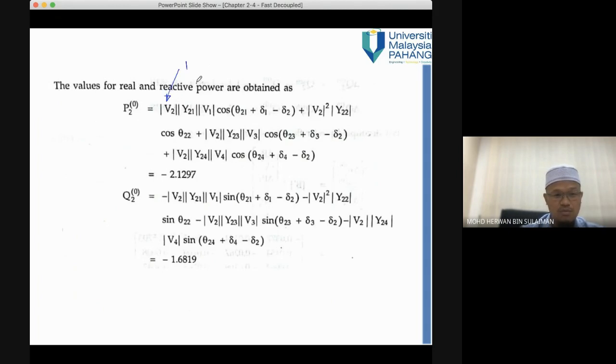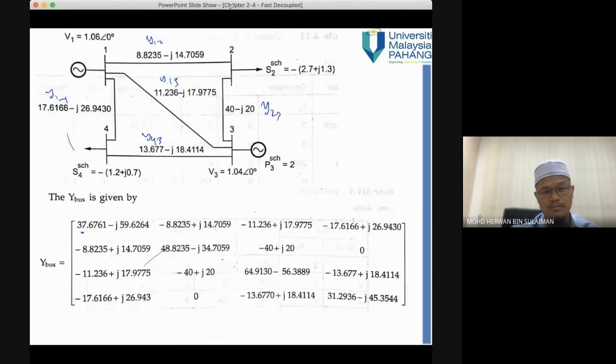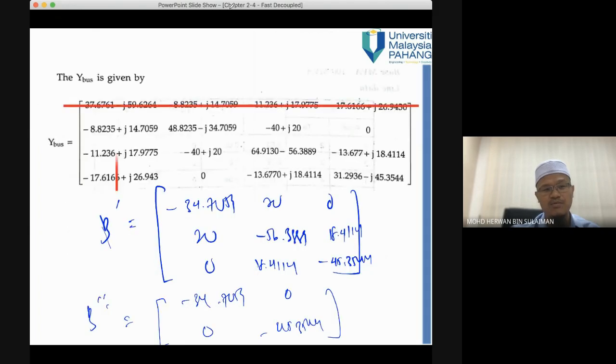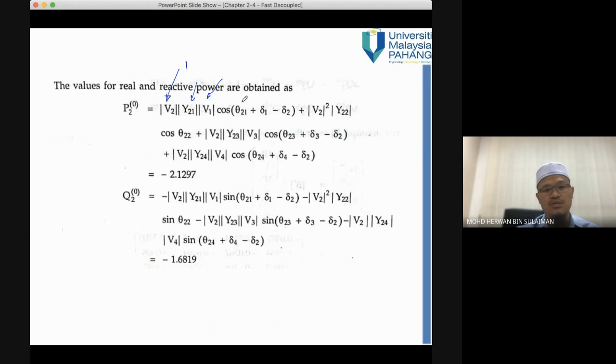V2 1, Y21 value daripada Y bus, V1 1.06, V3 1.04. Masukkan value tu semua. Kira lah. Masukkan value ni theta 2 daripada Y bus, theta 1 ni kosong, ni kosong. Masuk value dapat. You kena verify lah ni, dapat negatif 2.1297.